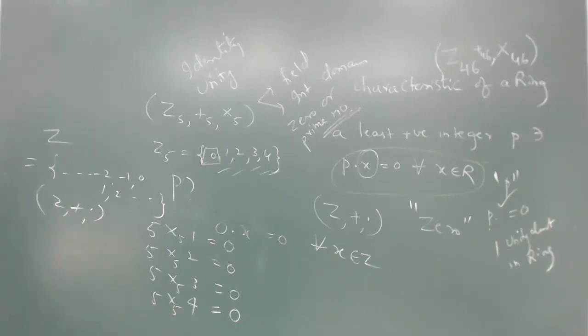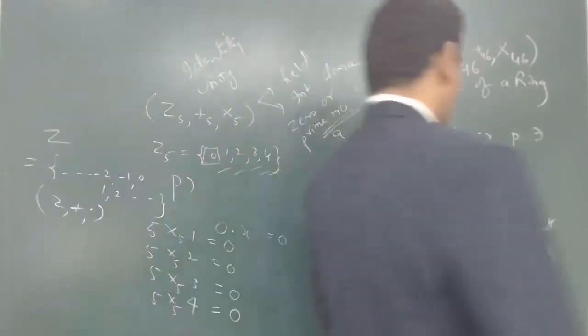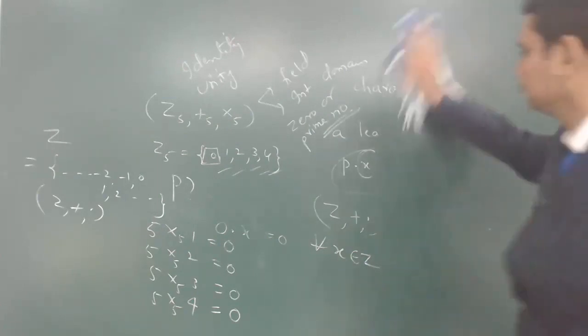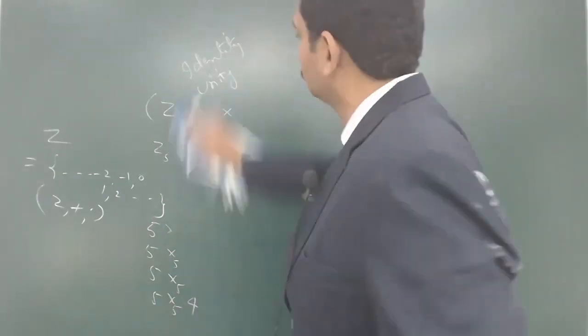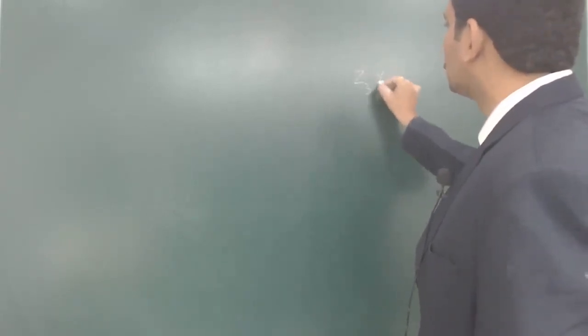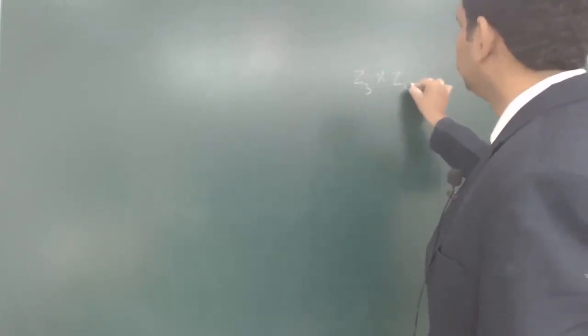Right. Shall I erase this? Then I take a problem on how to find the characteristic of a ring. So you consider the ring Z3 cross Z4. What is its characteristic?